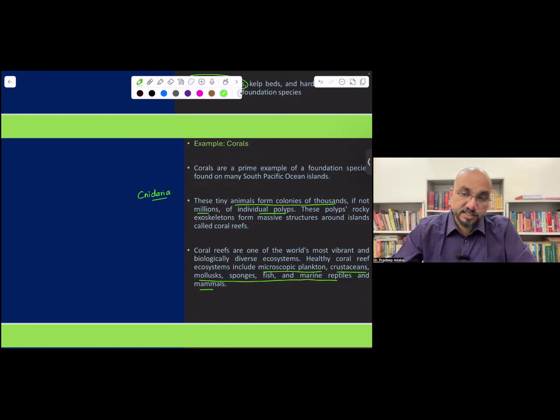A lot of species, other species, they depend upon coral reefs. Again, in the environmental degradation part, we will see coral bleaching, how corals are harmed, what are the threats. Those things we will discuss later during our course. Okay, just for now, coral as foundation species.